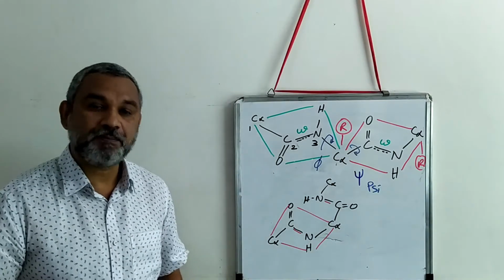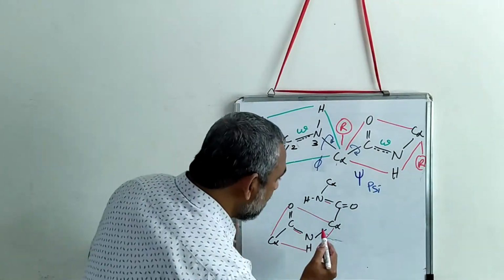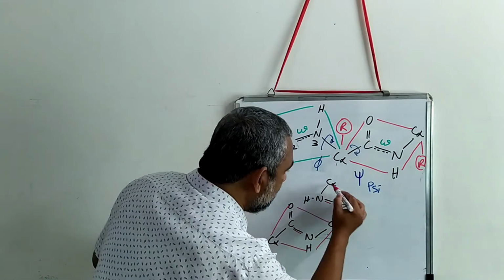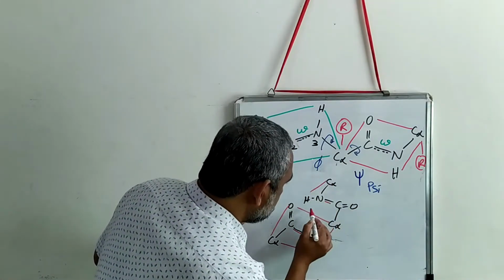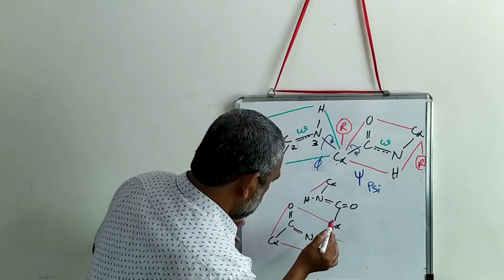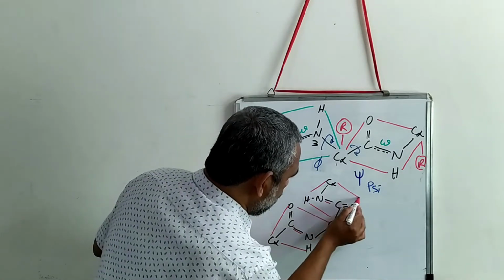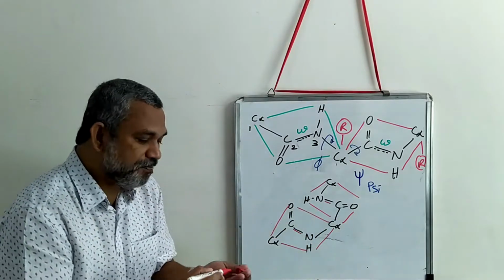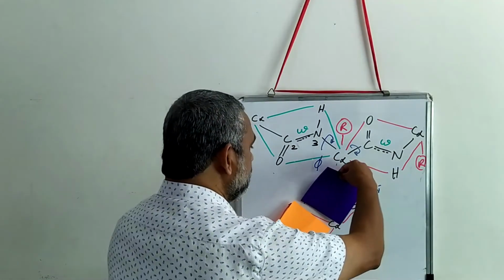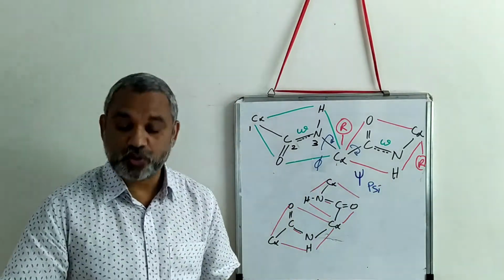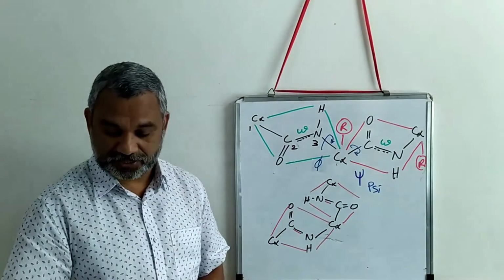In the second plane, between this C alpha and this C alpha, you see both the planes have come together like a flat structure.